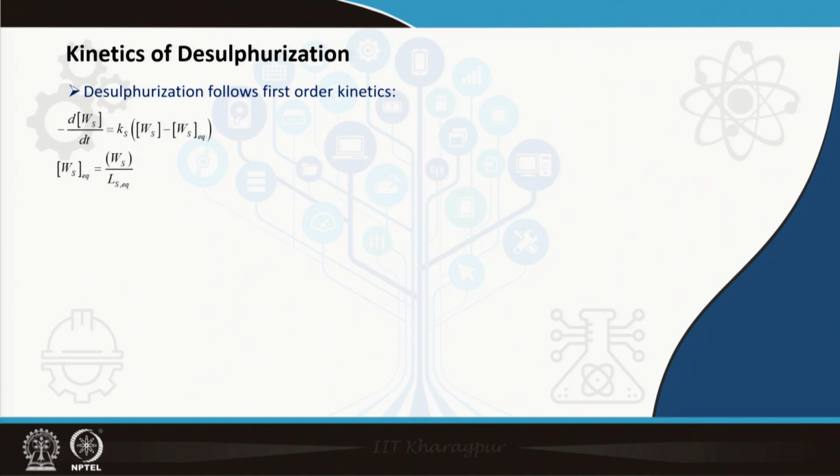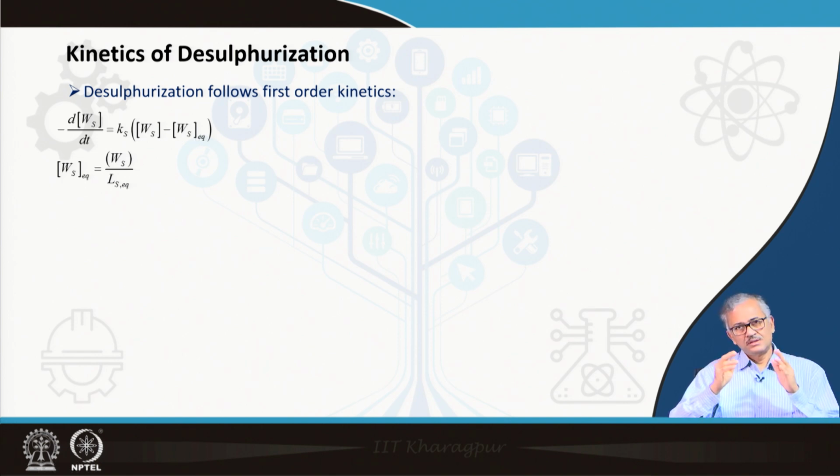The first order kinetics you can write like this: on the left hand side, dWs/dt, the rate of change of concentration of sulfur in the metal, will be equal to Ks into (Ws minus Ws equilibrium), where Ks is the first order rate constant, Ws is the concentration at any time in the bath, and Ws equilibrium is the equilibrium concentration in the bath.